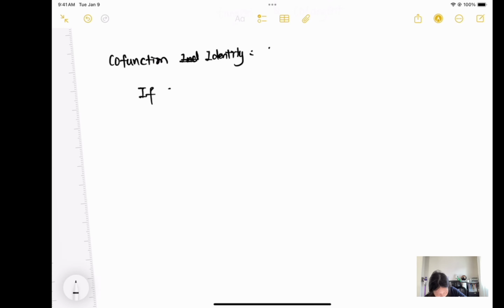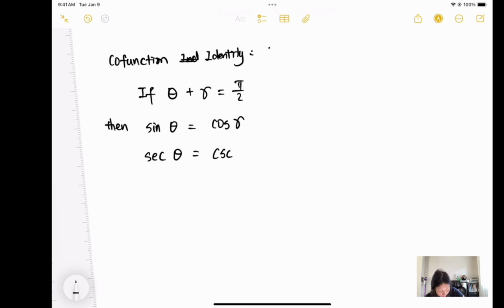If theta plus gamma is a complementary angle, then sine theta is equal to cosine gamma, or secant theta is equal to cosecant gamma, or tangent theta is equal to cotangent gamma.